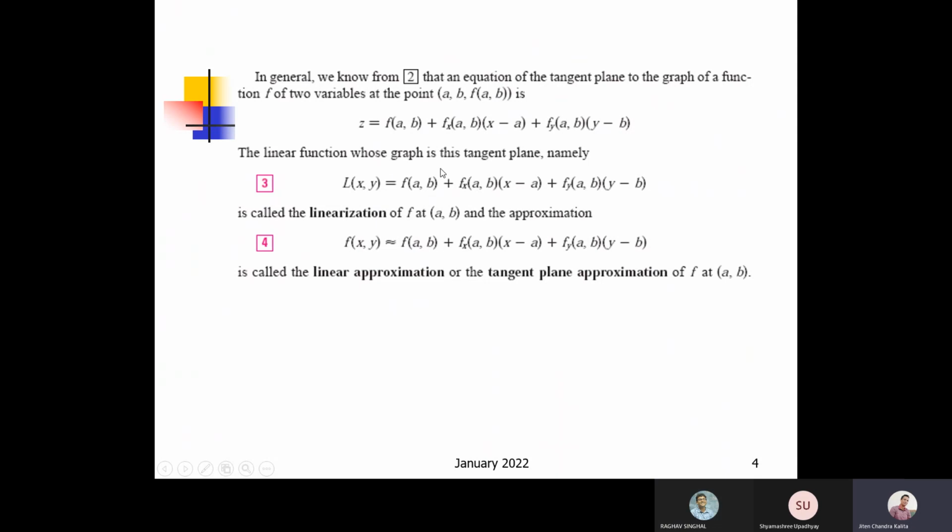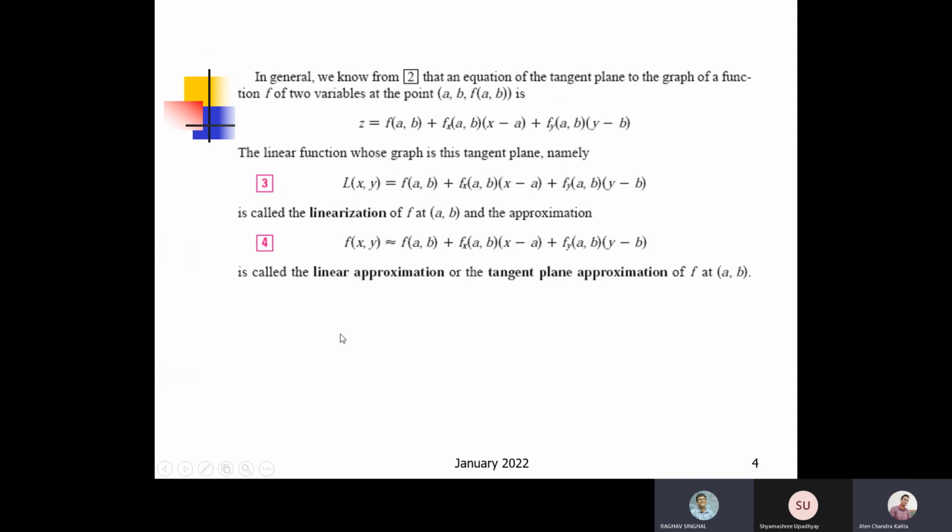The linear function whose graph is this tangent plane is called the linearization of f at the point (a, b), and this approximation is called the linear approximation or tangent line approximation of f at (a, b).